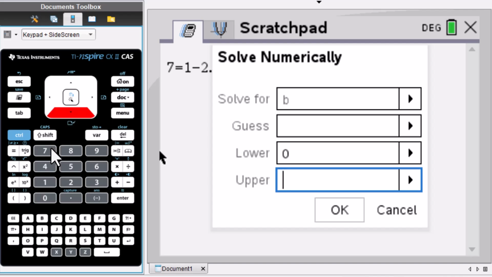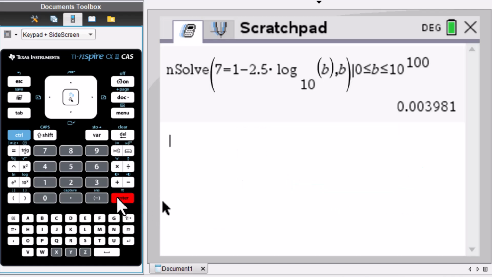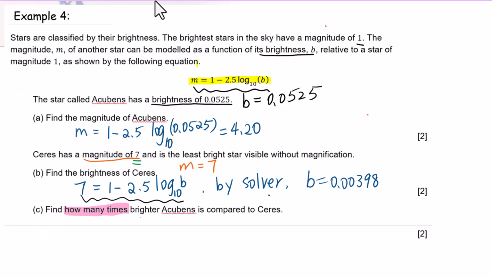For upper bound, you can put the 10 to the 100 power. Enter. We got the solution. B equals 0.003981 or 0.00398.